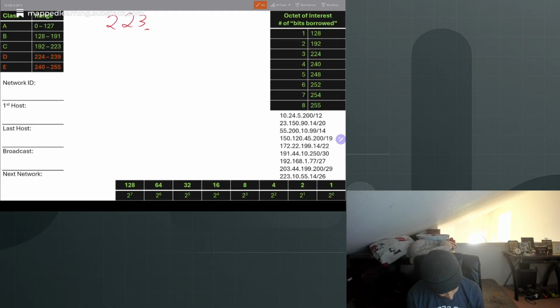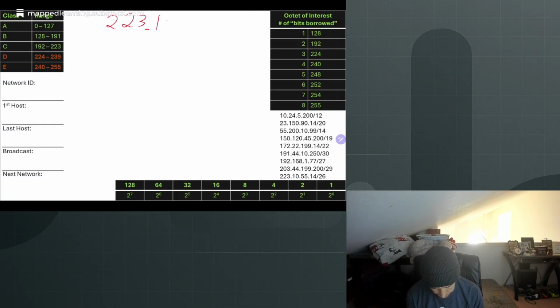223.10.55.14/26. 8, 16, 24, 2 into the last octet, 64.